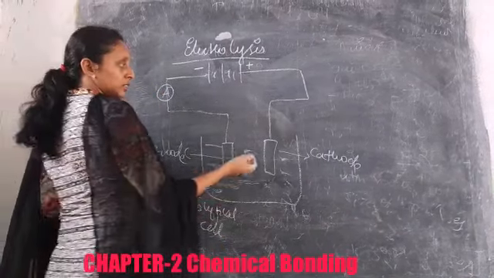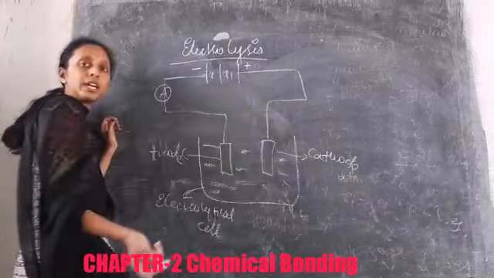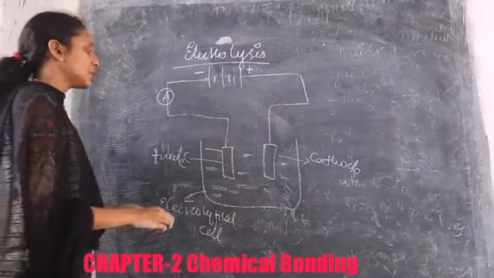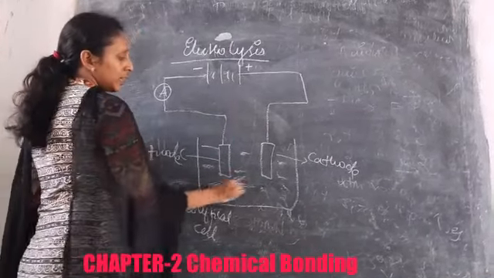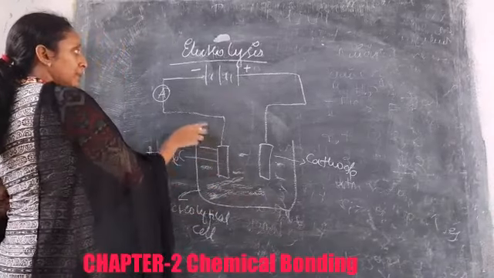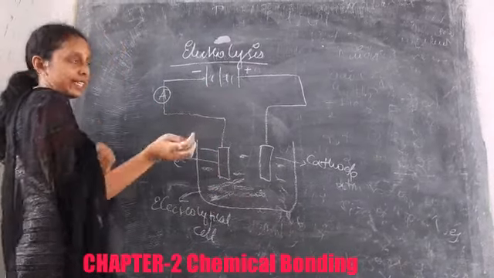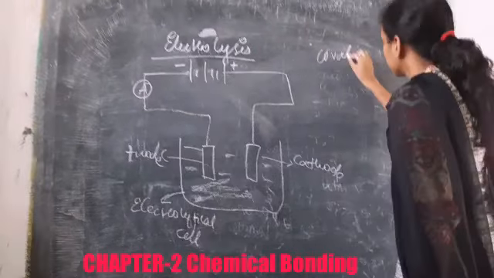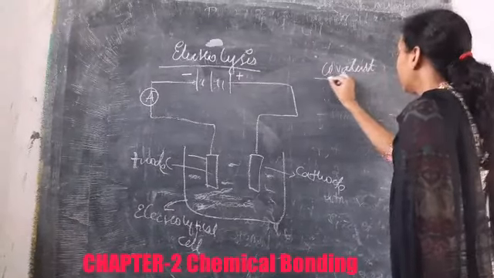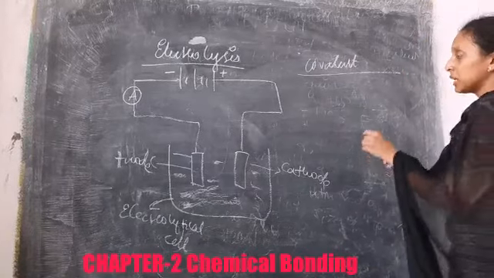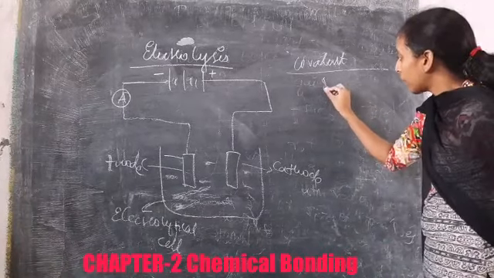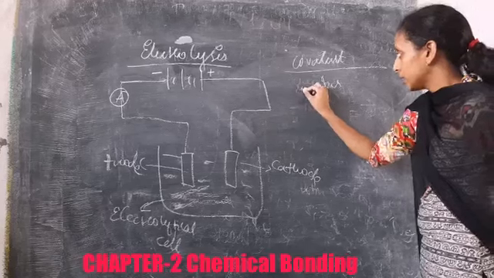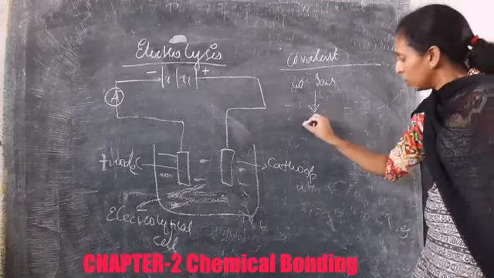You take an electrolyte, either ionic or covalent. Suppose you take an ionic compound, then there is a generation of electricity. If, for example, they took a covalent compound, covalent compounds, I already mentioned, don't form ions. No ions, no electricity.